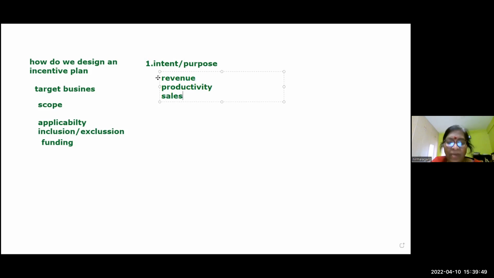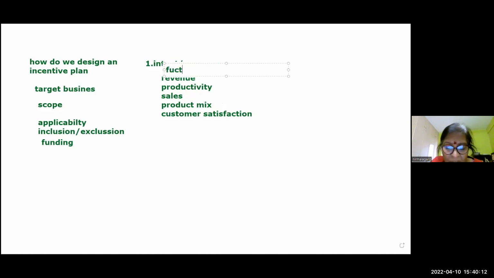Is it to increase my product mix? Or customer? So I need to understand the purpose. So all these are from what? From the functional point of view. Will you agree with me? From the functional point of view, all these are some of the purposes or intent.